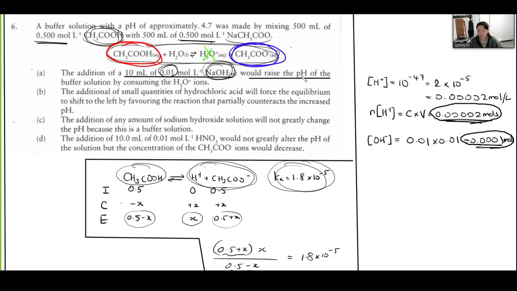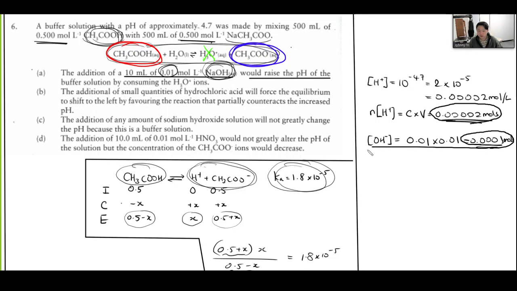I mean, the concentration of OH is way more than this. So it is going to. But this is not really going to eat out this one. This isn't going to really react with this one. This outnumbers the existing hydrogen, of course, but this is outnumbered by the ethanoic acid.